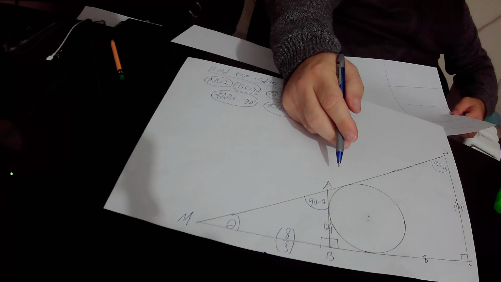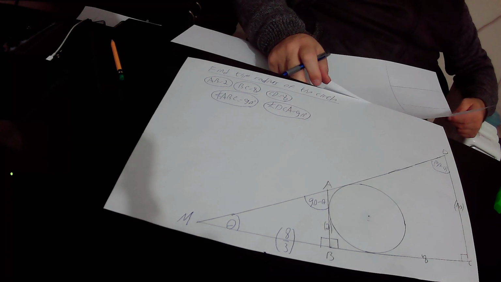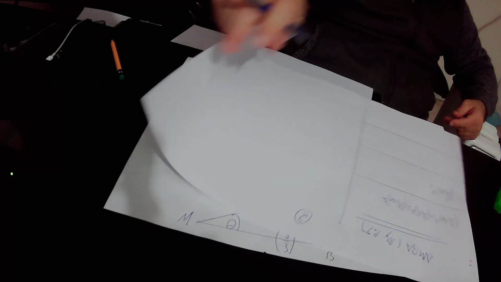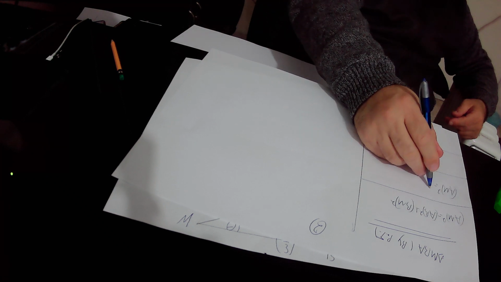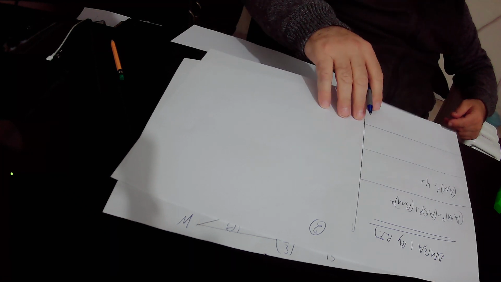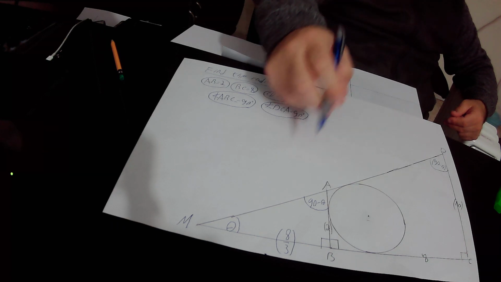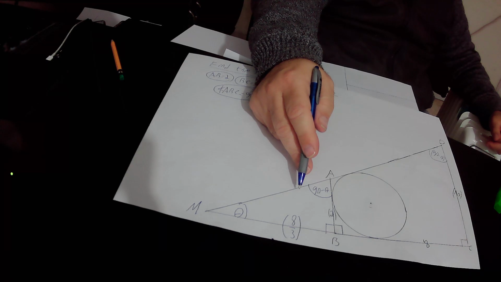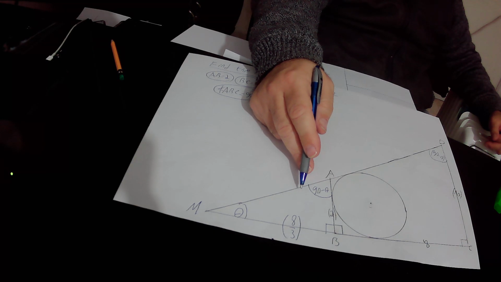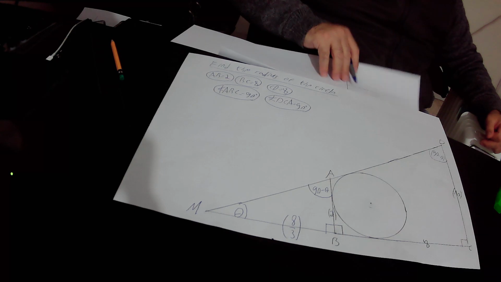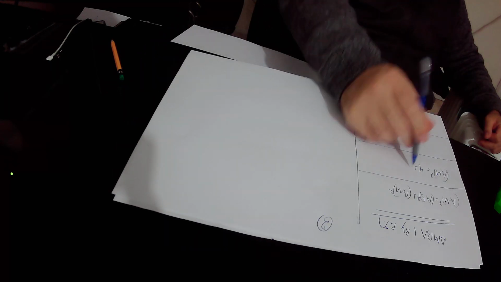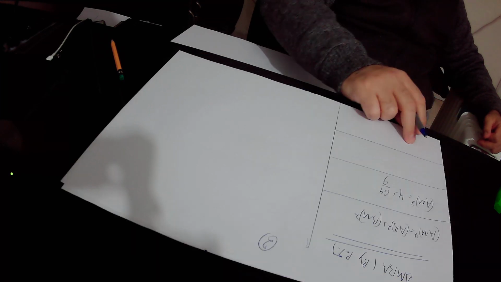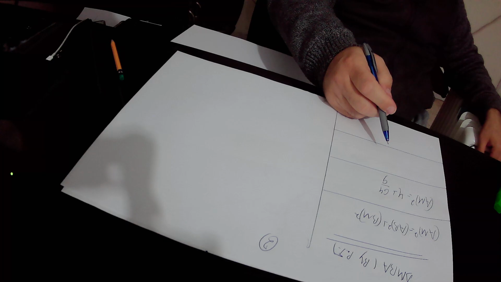Here AB is 2, therefore AB squared is 2 squared, that is 4, plus BM squared. BM equals 8 over 3, therefore BM squared is 8 over 3 squared, that is actually 64 over 9. So we found out that AM squared equals 4 plus 64 over 9.